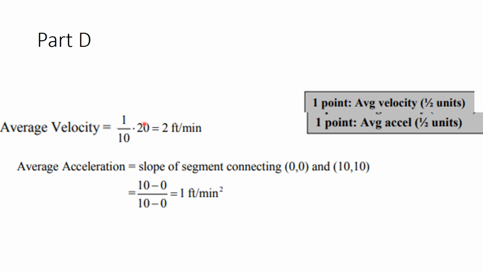So it's the slope of the segment joining 0, 0 and 10, 10, which was the final velocity at 10 minutes. And so when you take the slope of that line, you get 1 foot per minute squared. So for the average velocity, count 1 point. For the average acceleration, count 1 point, and deduct a half point if you did not get the units correct.